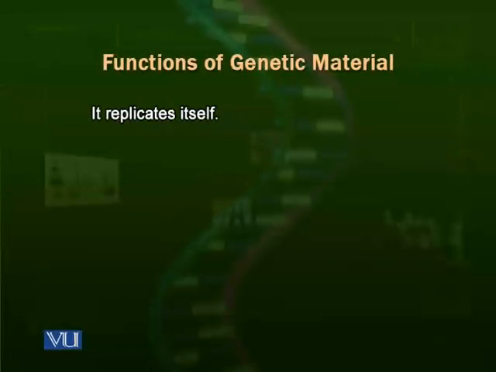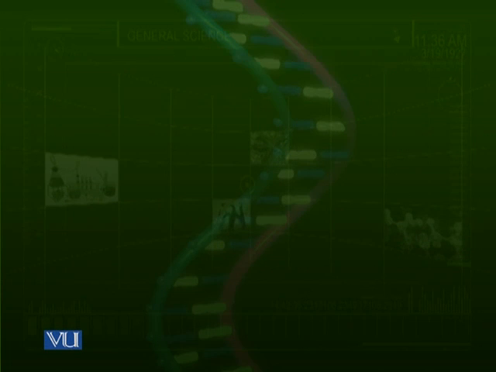It should have certain important functions. Number one is that it replicates itself. Replica means copy. It should be able to copy itself. If it is able to copy itself, then it could go to the next generation when the cell divides.